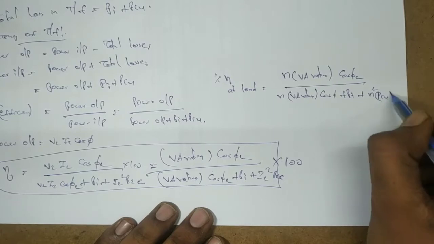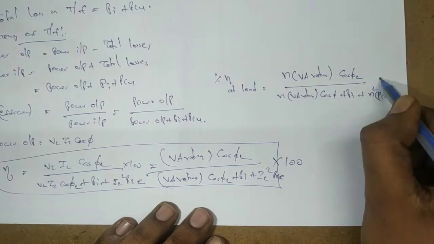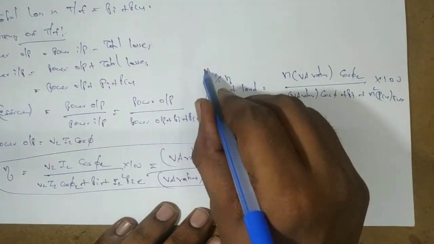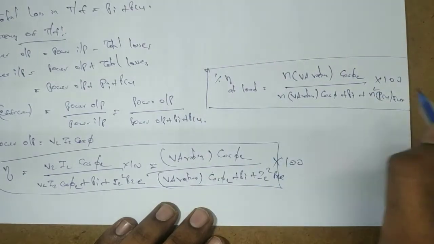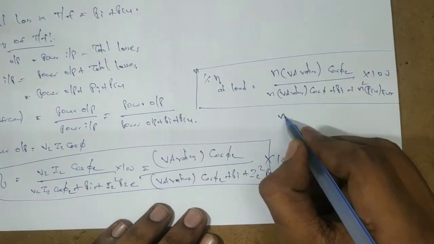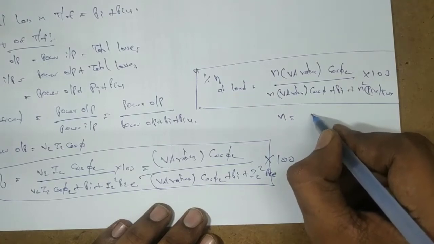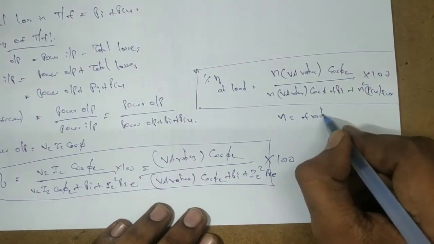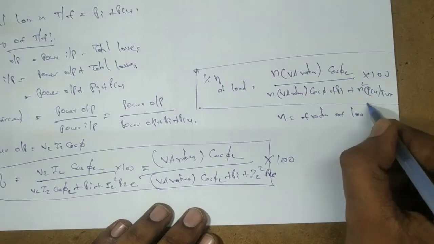Here n square is multiplied because the copper loss depends on I square, where n is the fraction of the load. Okay, this is about the efficiency of a transformer.